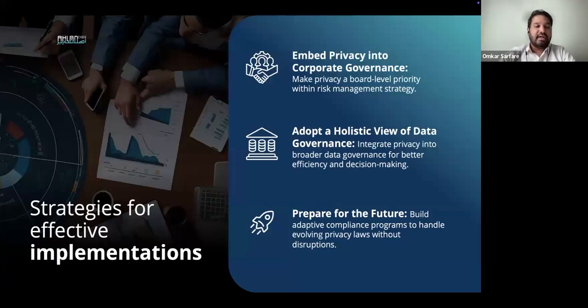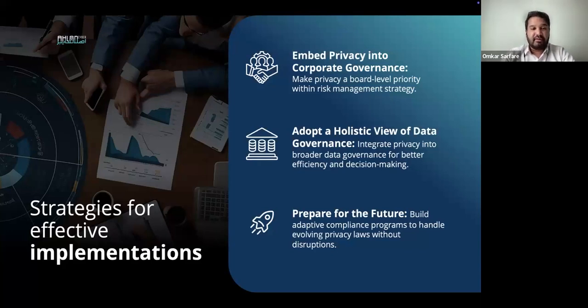So now let's delve into some implementation strategies that an organization can have in relation to implementing their privacy program. A critical first step is to embed privacy into the corporate governance, ensuring that data protection becomes a top level priority.